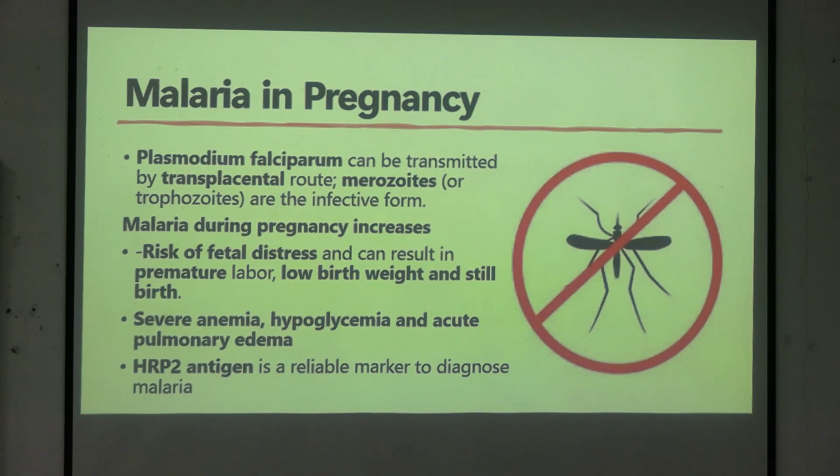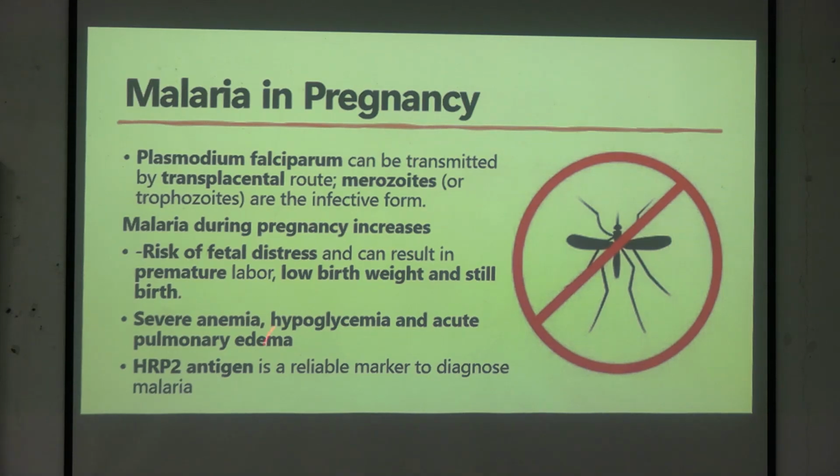So malaria can also be transmitted by pregnancy, where you can see that no special changes occur in the fetus. So the congenital malformations that we saw until now are not there, but yes there will be some changes in terms of growth and development, where you will be seeing some premature labor, some low birth weight, some growth retardation occurring if the mother is suffering from malaria late in the pregnancy.